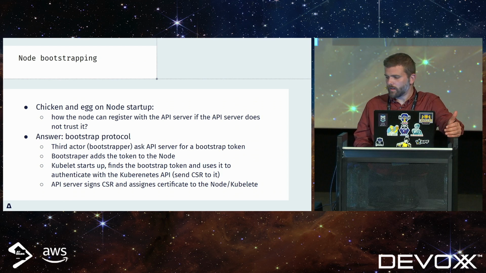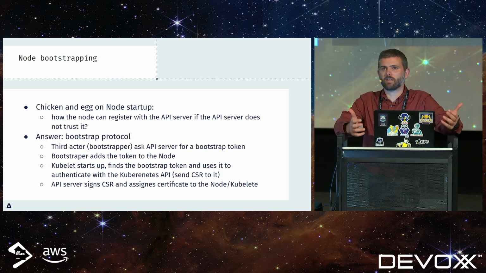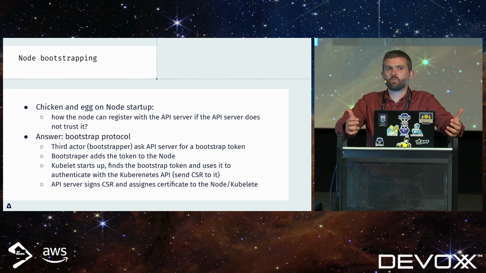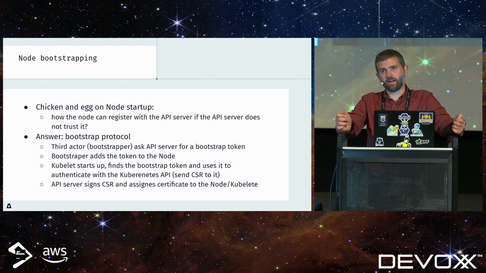So the last thing I wanted to tell you, and I think it's an interesting thing to talk about, is node bootstrapping. I don't know if you noticed, but both the API server and the Kubelet have this very interesting, intimate relationship with one another. Both of them have a private key. Both of them have a certificate which they send to the other side, and they do this handshake where they accept the connection from each other. So the question is how this connection came to be in the first place.